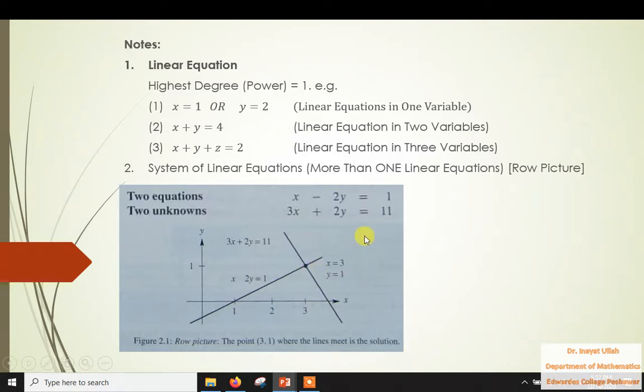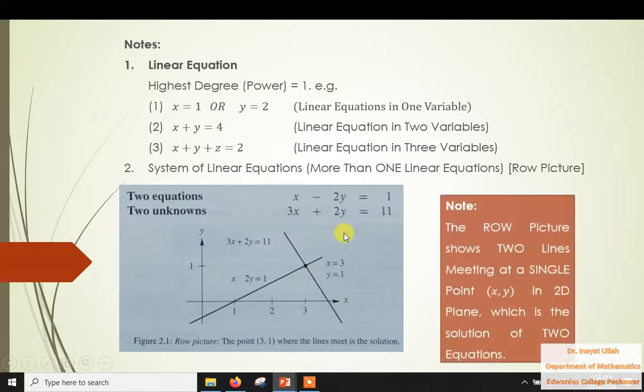So the row picture of these two linear equations shows that two lines meet each other at a single point, and that single point is the solution of these two equations. So that is the row picture of these two equations.